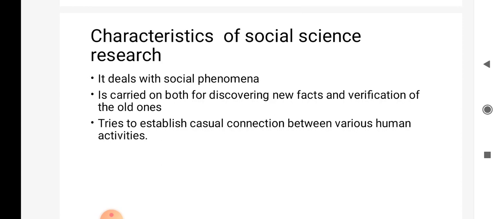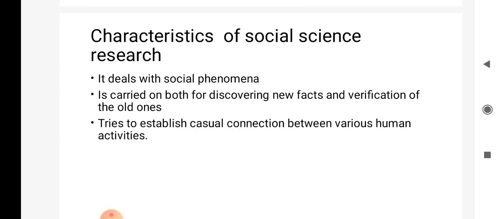And it tries to establish a causal connection between various human activities. So, for example, if a person is very adamant or abusive, what is the reason for his behavior? What are the causes for his behavior? And why is he behaving like that?